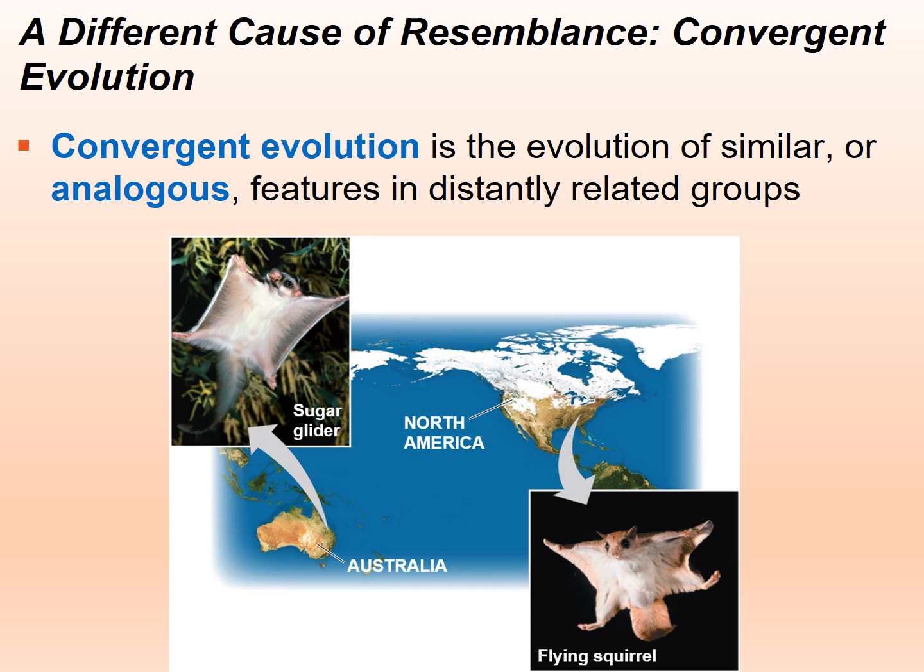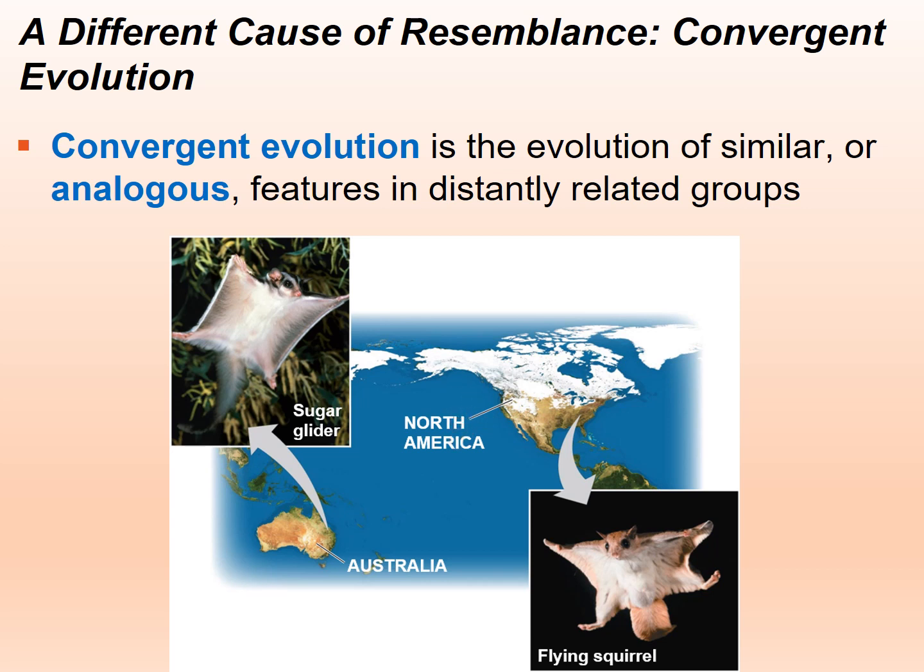An example would be the sugar glider. We have the sugar glider and we have the flying squirrel. They belong to completely separate groups. But look at them, they look very similar. They both have the ability to jump from tree to tree, almost fly, because they have that structure that looks like a wing in some way.